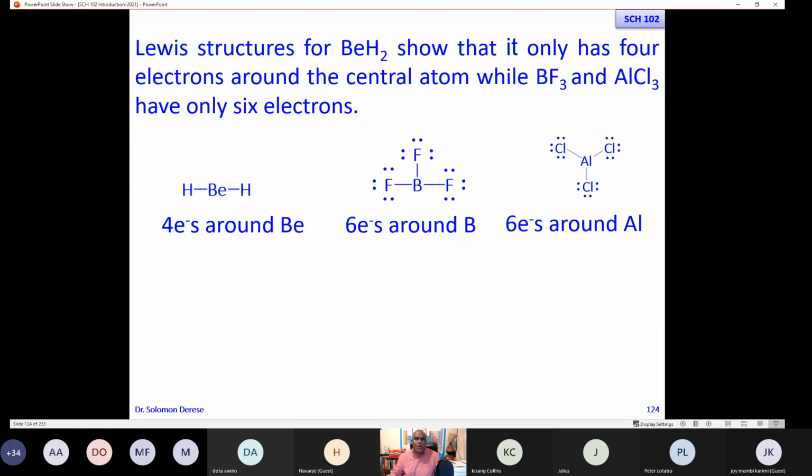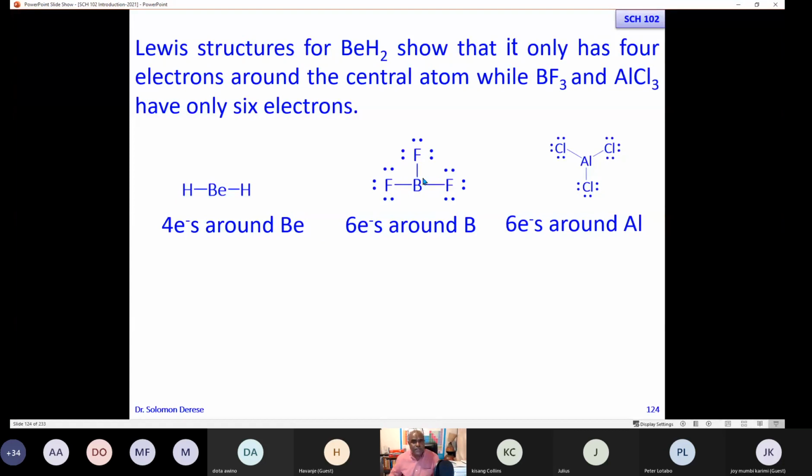So if you look at compounds of boron and compounds of aluminum, they only have 6 electrons on the boron and the aluminum. These elements will want to have an octet of electrons like the other elements in their neighborhood, like carbon, oxygen, fluorine, chlorine, etc. As a result, such molecules are very highly reactive.